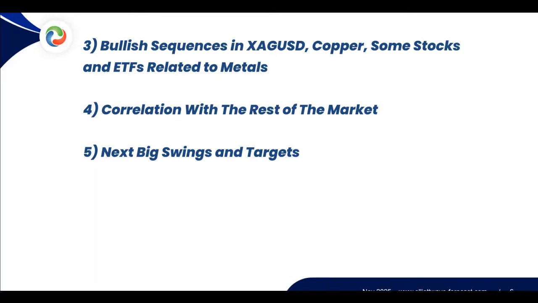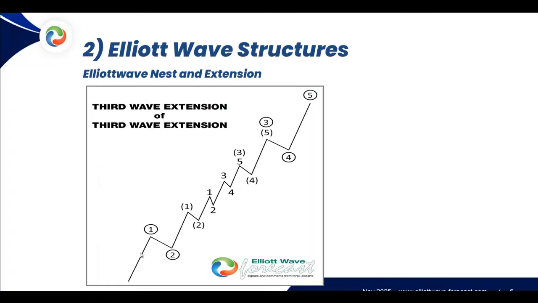The nest is seen as 1, 2, 1, 2, 1, 2, through 3 subdivisions of 5 waves, and then an acceleration in wave 3.